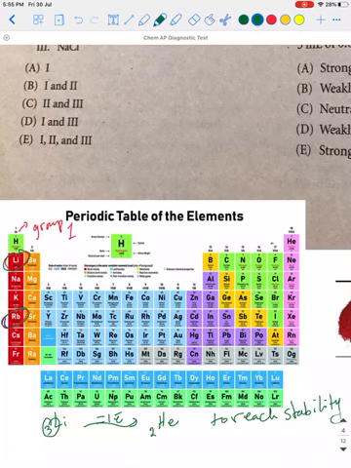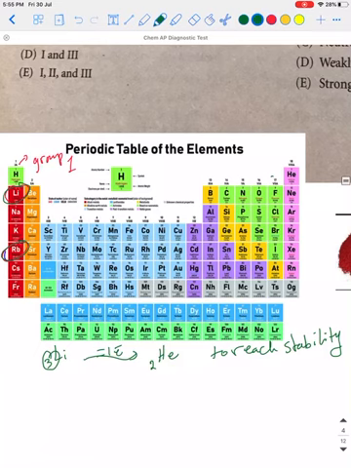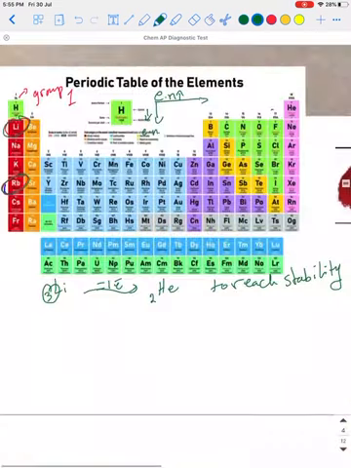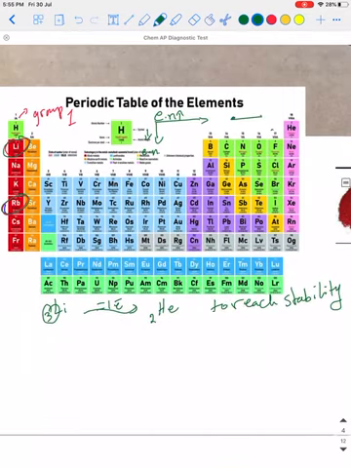And similarly all the elements in the group, because they are a family, so also rubidium. Okay, so what about electronegativity here? Because he's talking about it. The electronegativity increases across the period and decreases down the group. Similarly, ionization energy, because he gave me an option about ionization energy, increases across the period and decreases down the group.